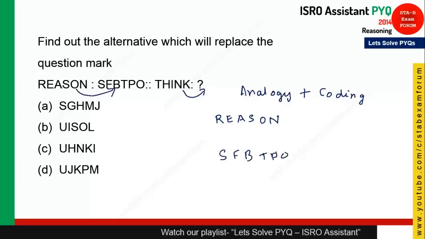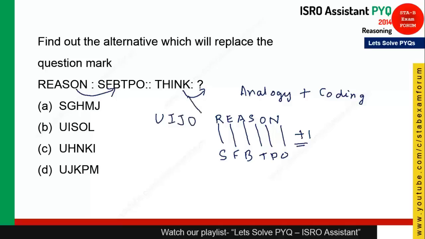RSEFABSTOPNO, SFBTPO. As you can clearly see, one alphabet is increased for each letter. Similarly, if you increase each letter by 1, you will have your answer. So T becomes U, H becomes I, I becomes J, and what will N become?